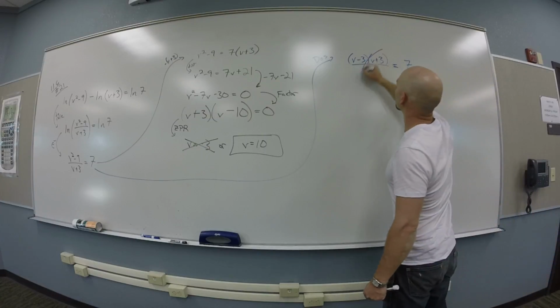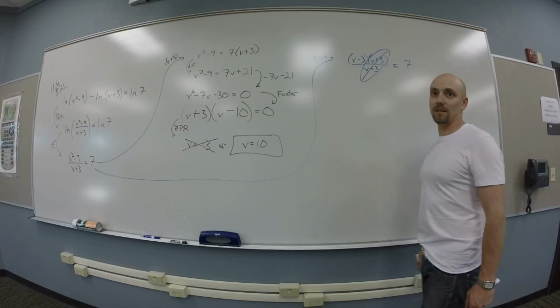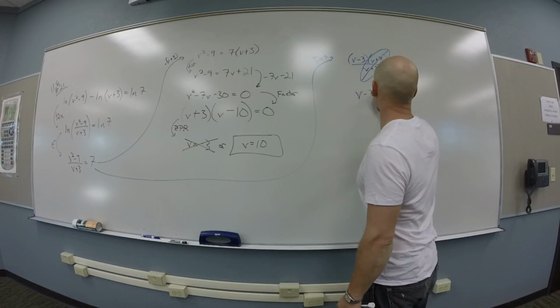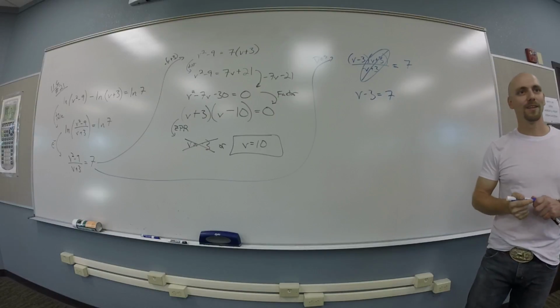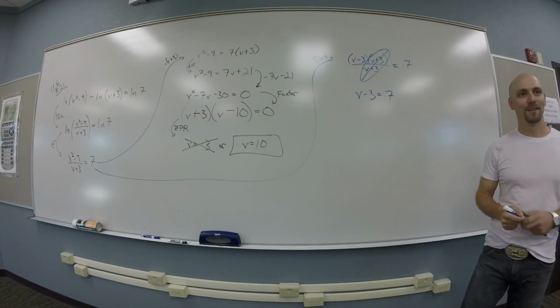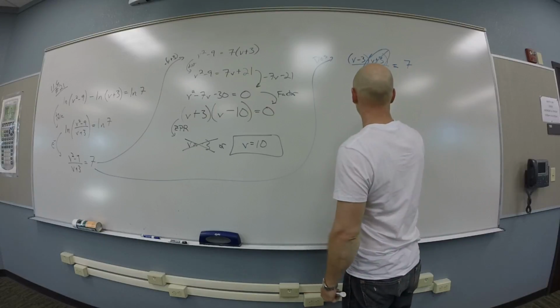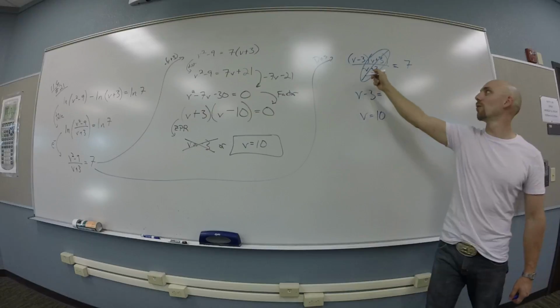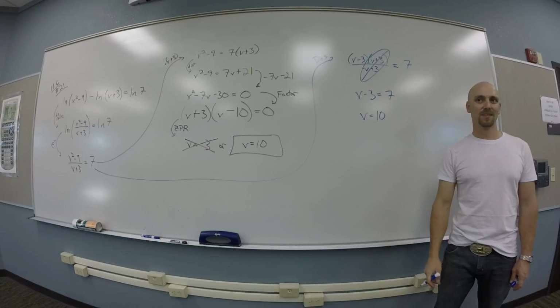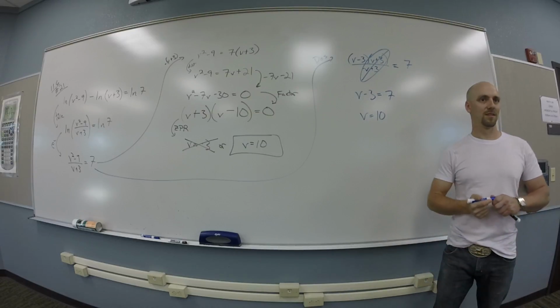Cancel. There's a 1z. So I got b minus 3 is 7. Equals 10. That's so easy. So b is 10, check, done. And we already took care of the extra one when we did the 1z.